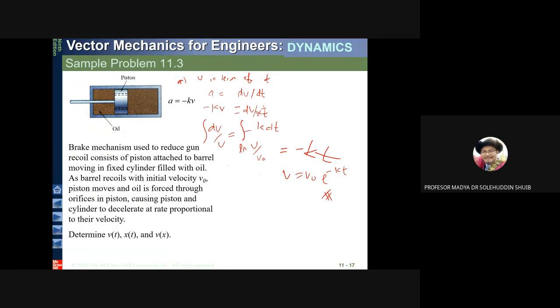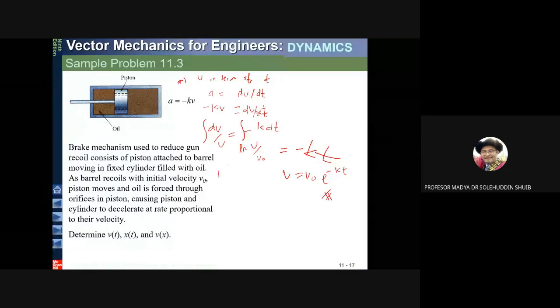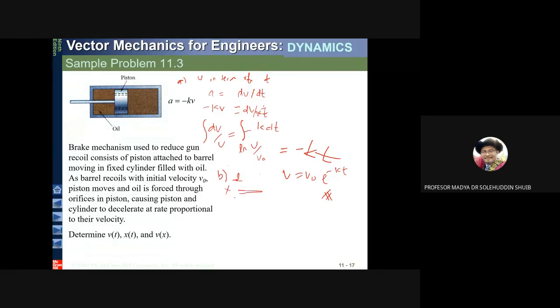So that is for part B. We have done part A. For part B, we have to write x in terms of t.